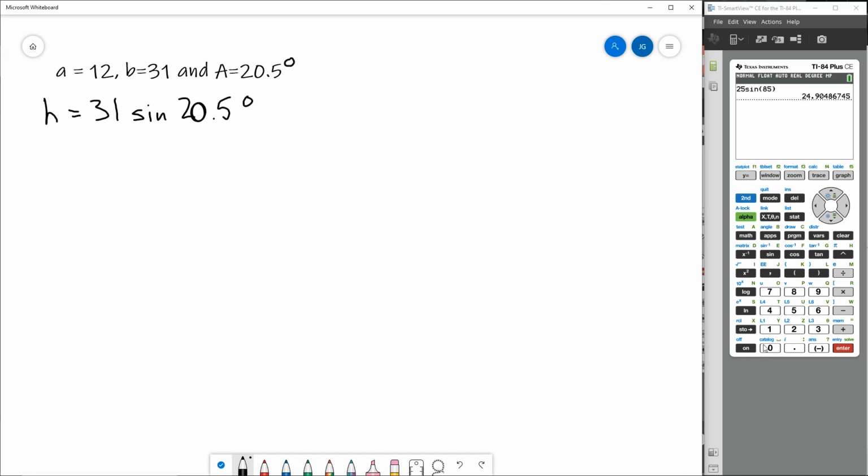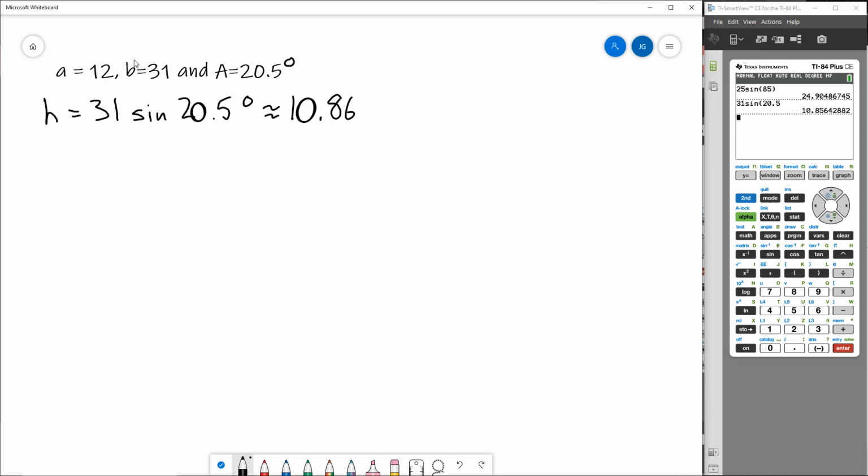Plugging that into my calculator, 31 times the sine of 20.5, I get approximately 10.86. Okay, that 10.86 is less than A and A is less than B.